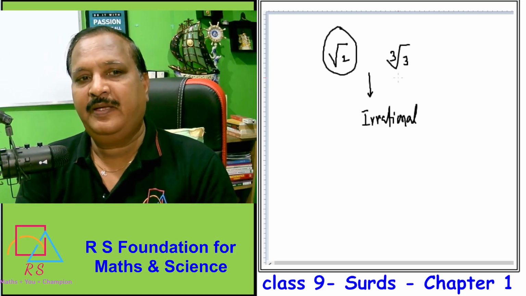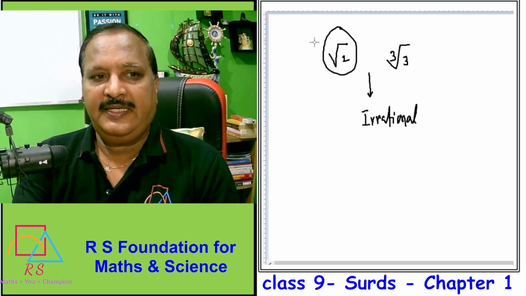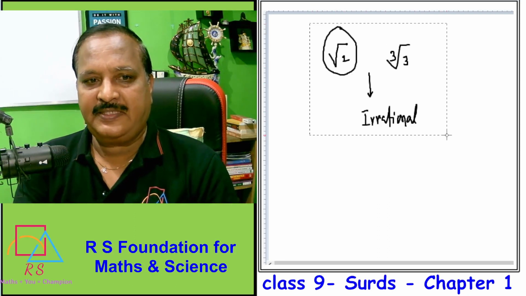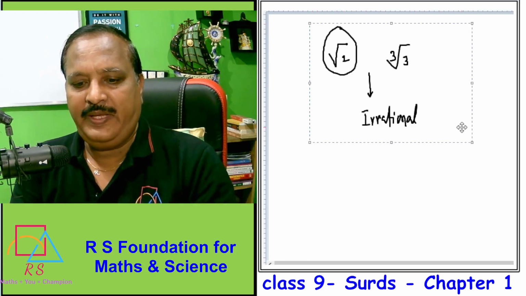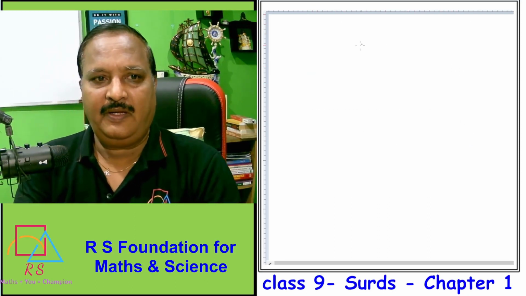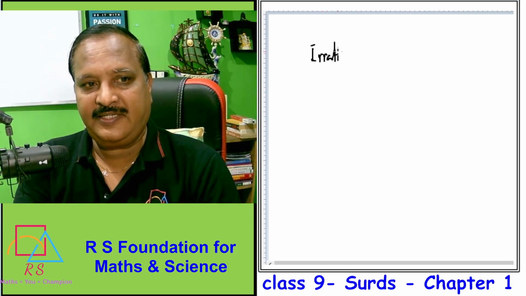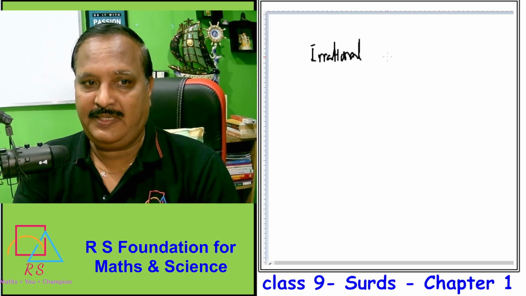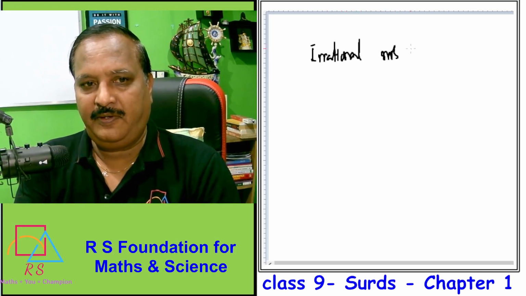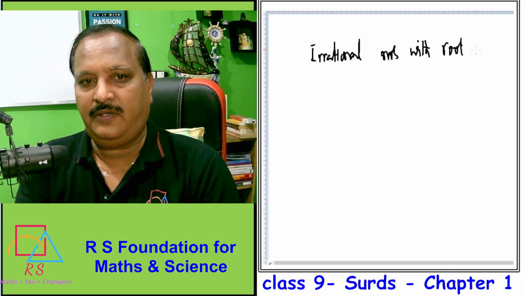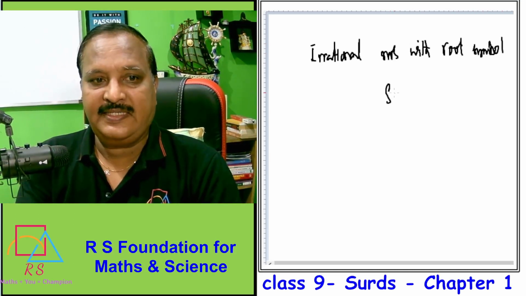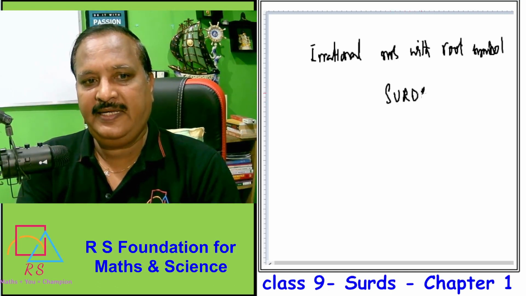So the irrational numbers with the root symbol are known as surds.